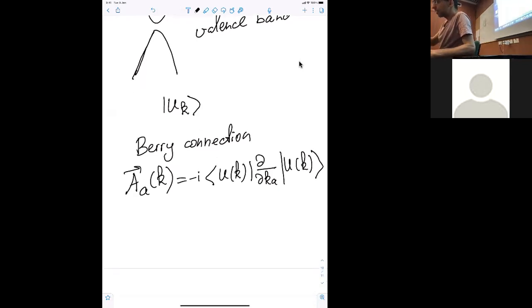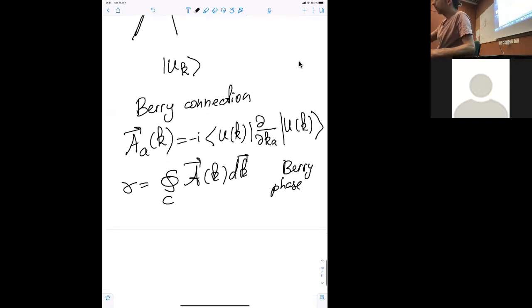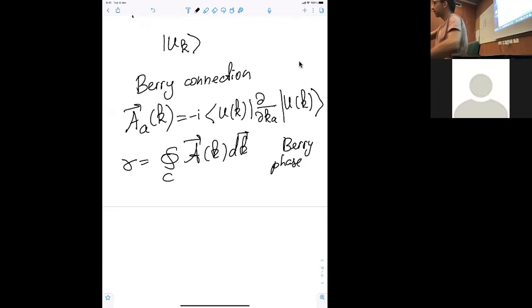Now, if you take this field and integrate it along some closed loop, then the object that you get is called a Berry phase. So this is just a Berry phase that we all know from quantum mechanics 1.